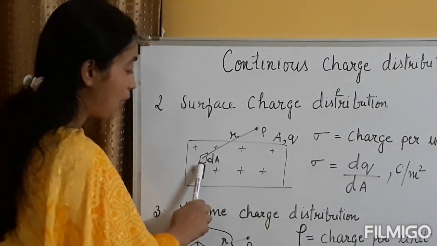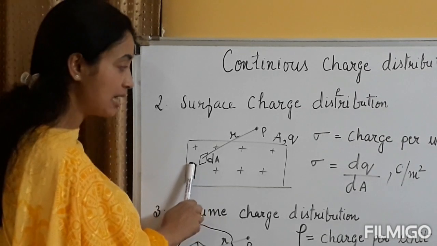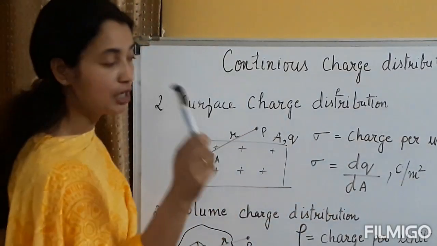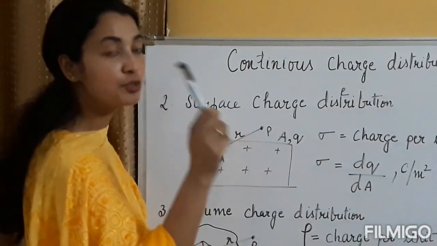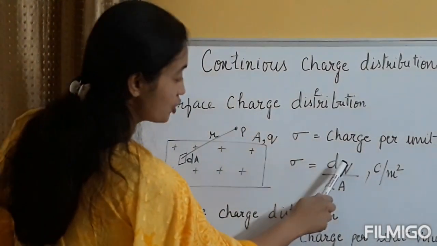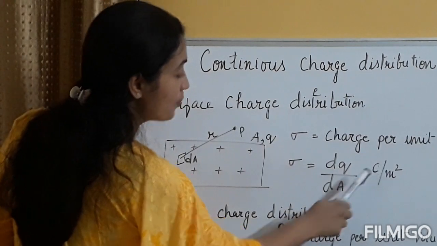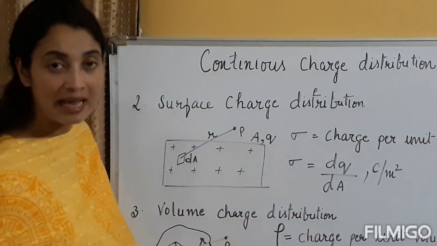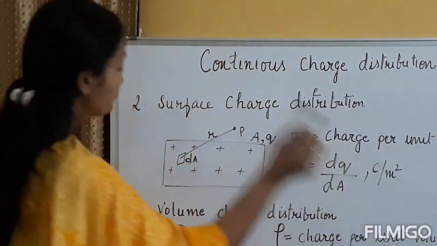What is the charge found in a small area dA? It will be small charge dQ. Sigma, that is charge per unit area, is dQ upon dA. As such, units come out to be coulombs for charge, and for dA, that is area, meter square.